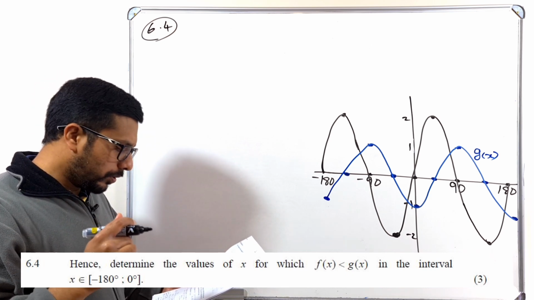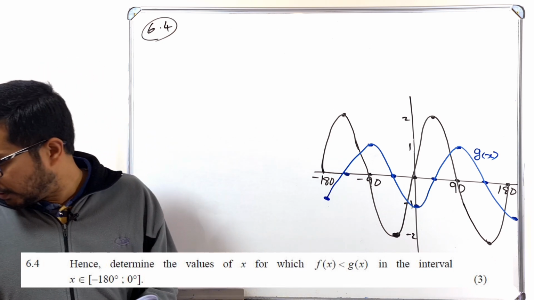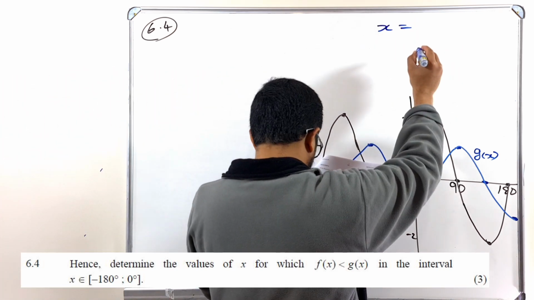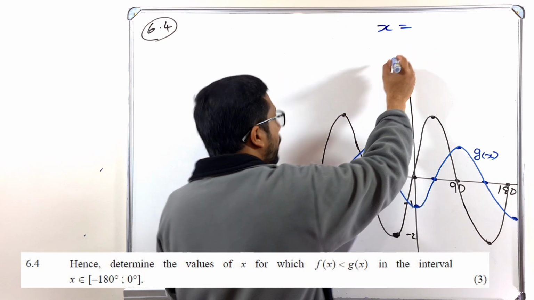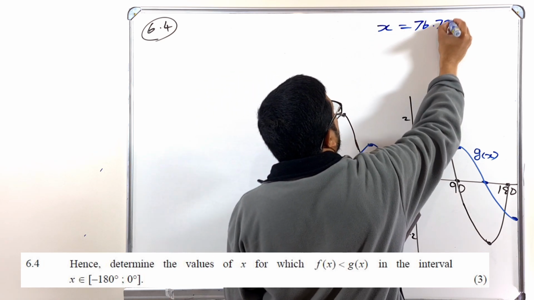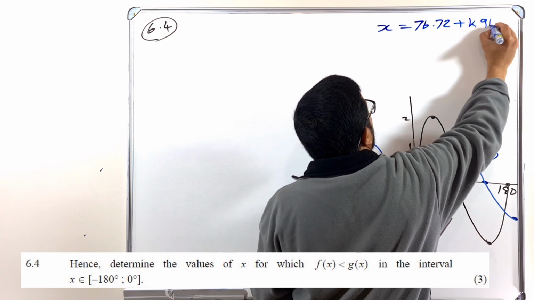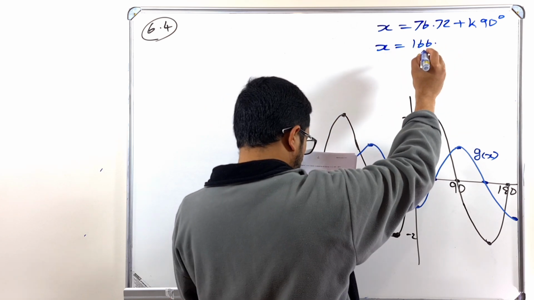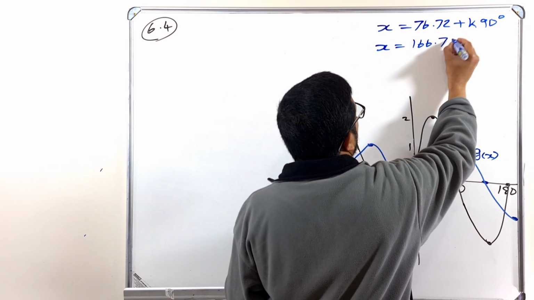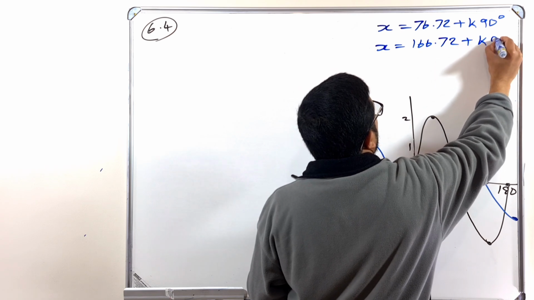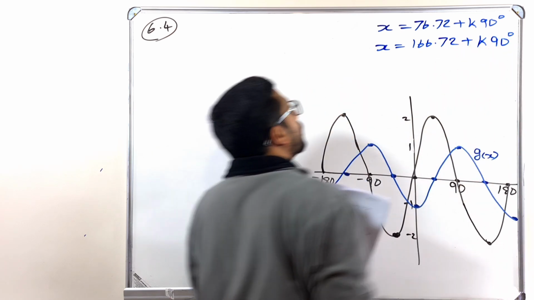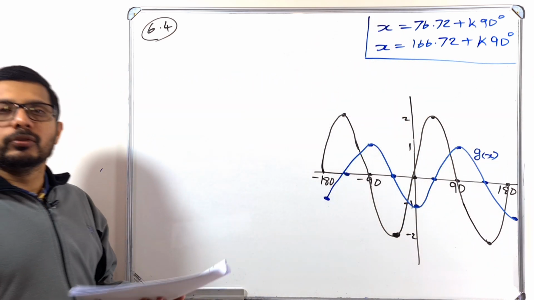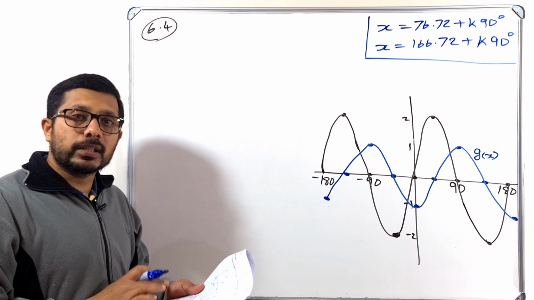So from the previous question, 6.3, what general solutions did we get? x is equal to 76.72 plus k 90, and x is equal to 166.72 plus k 90. So those are the general solutions we got from the previous question. So maybe we have to use that here. That's why it is written hence.